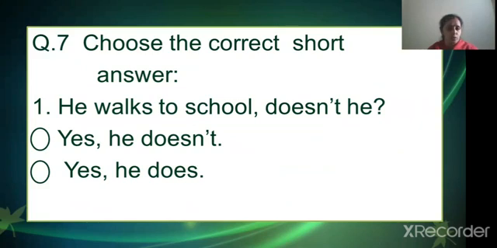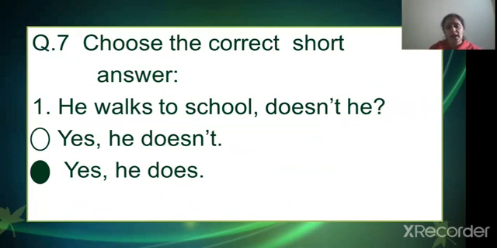He walks to school. Doesn't he? So here the options given are, yes, he doesn't. Yes, he does. Now, which is the correct one according to you? Yes, the correct answer here is yes, he does.